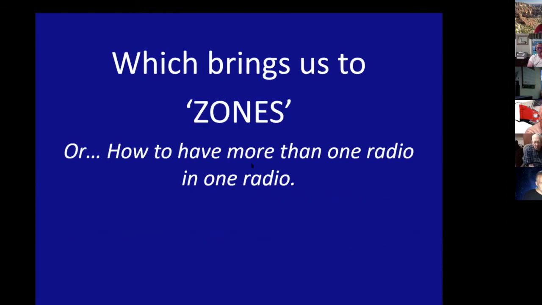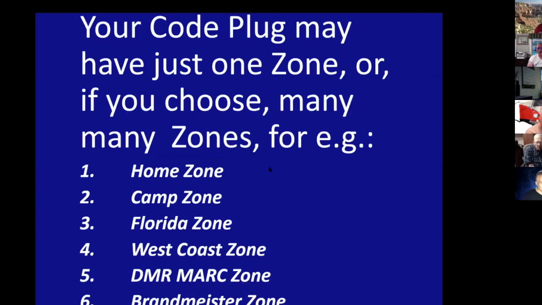How do you have more than one radio in one radio? That would be your zones. I have many zones programmed on my code plug. We talked about zones earlier, and they're very, very useful. I have the home zone, which has all of the main repeaters. And when I go up to camp, I have the repeaters that are local up there.